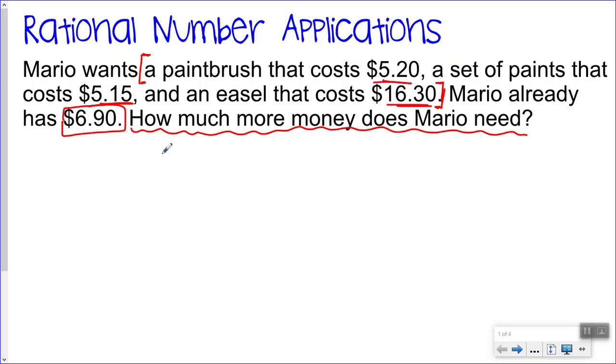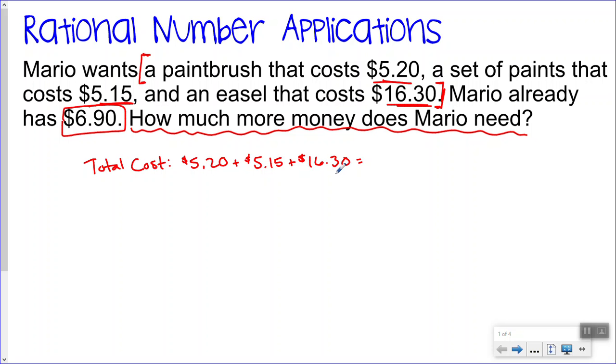So first, we should probably figure out what his total cost is going to be. So all of the things that he's planning on buying, we need to figure out how much he's going to need to buy that. So we have our $5.20 plus $5.15 for the paints, and another $16.30 for the easel.